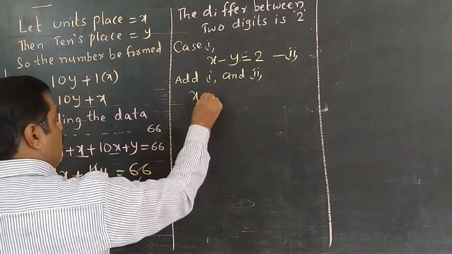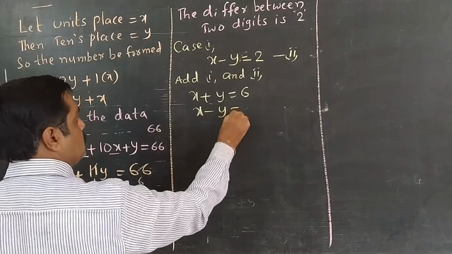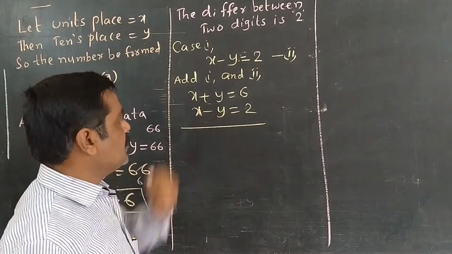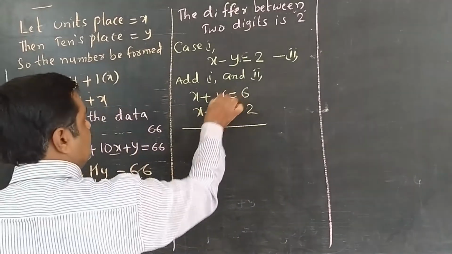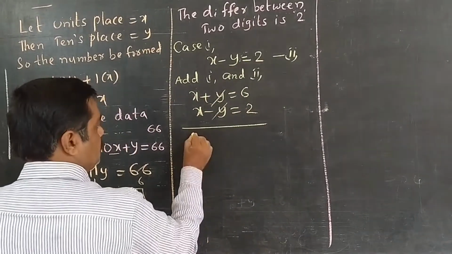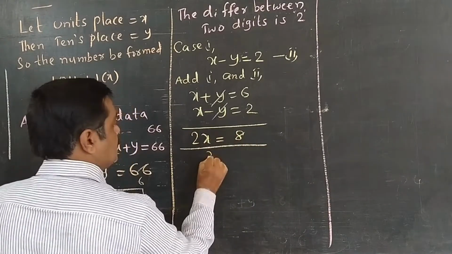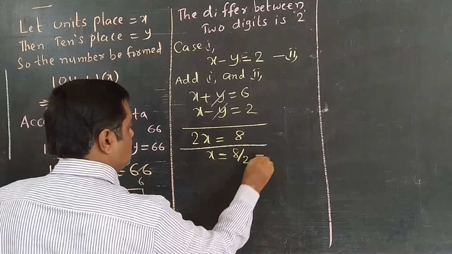So x plus y is equal to 6 and x minus y is equal to 2. Why should we add, sir? Because the coefficients are the same, and if you add, plus y and minus y cancel, and we get 2x is equal to 8, then x is equal to 8 by 2, that is 4.